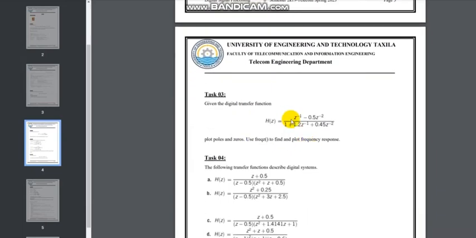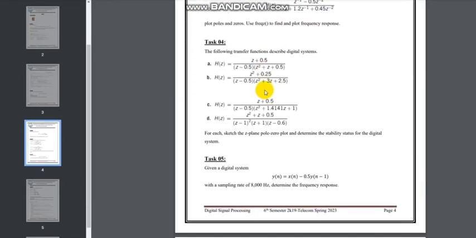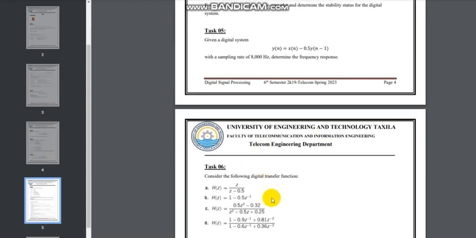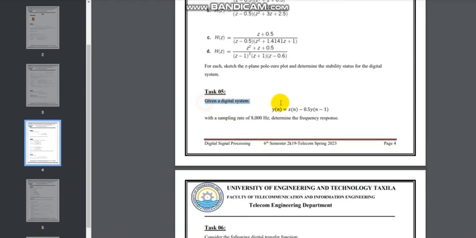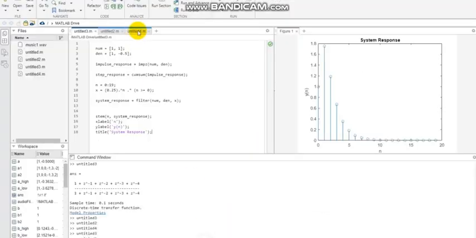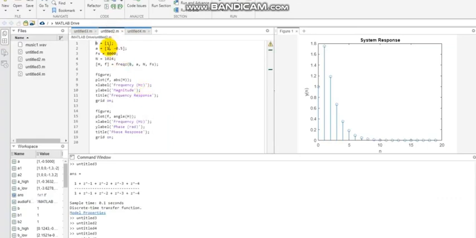Similarly, we move on. Lab task 3 is the same as discussed before, and we now have two different values for that. Now we will perform lab task 5, which has a sampling rate of 8000 hertz. We need to determine the frequency response. So we write code of length 19.